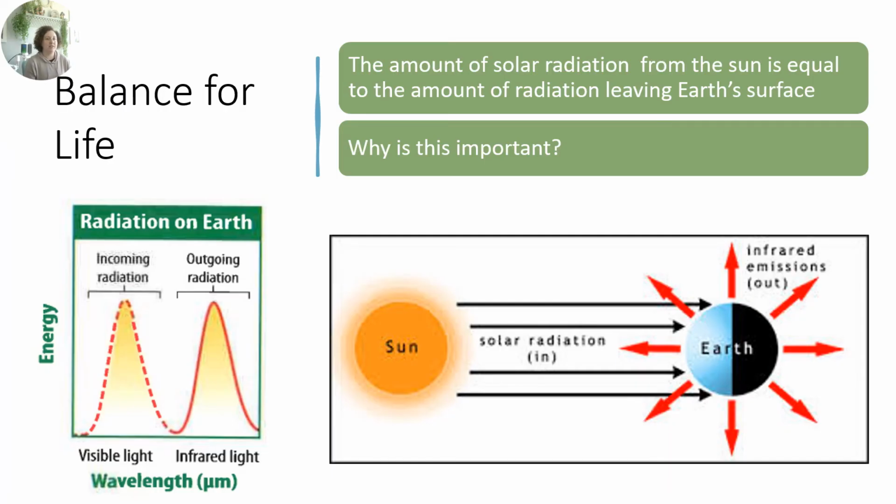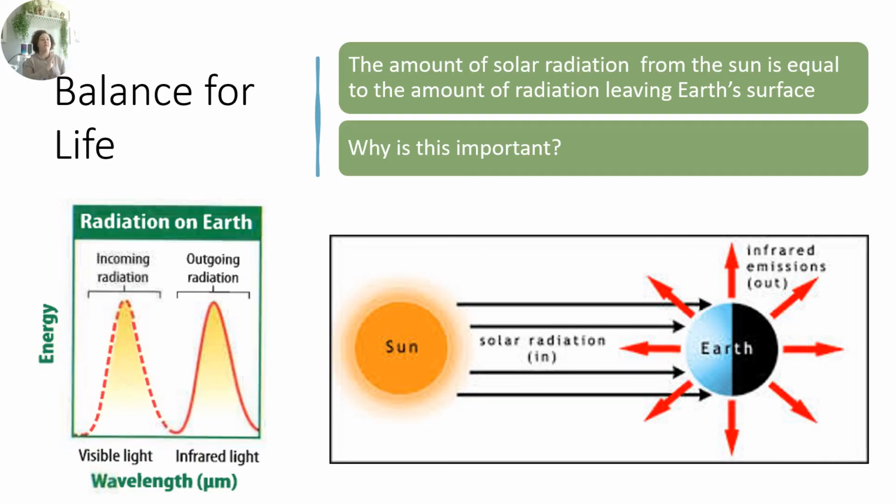So this brings on a balance, okay? Because we know that we're getting the solar radiation from the sun, but we also know that we have some heat within our Earth's core that is being emitted out. So the amount of solar radiation from the sun needs to be equal to the amount of radiation leaving Earth's surface, okay?